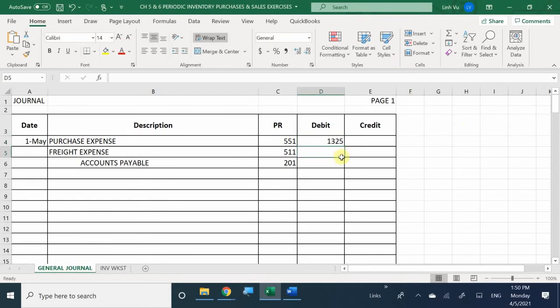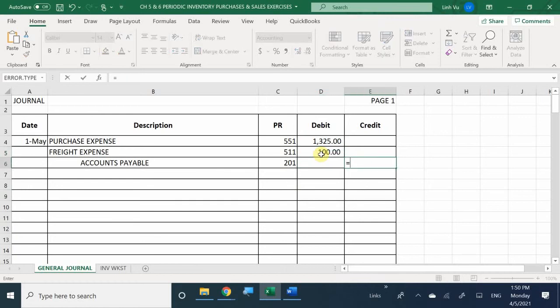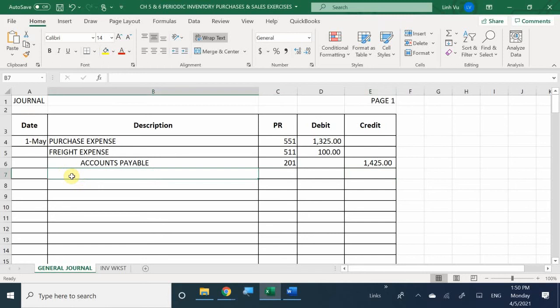Good. And how much was my freight? $100. It was $100. Okay. So therefore, what is the total amount that I owe? $1,425. You okay, Felipe? Yes. Okay. So there you go, $1,425.